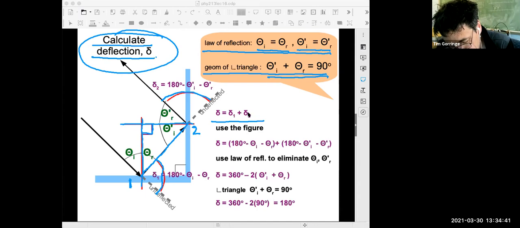So that's delta 1 and delta 2, the two deflections. Well, how big is this deflection?